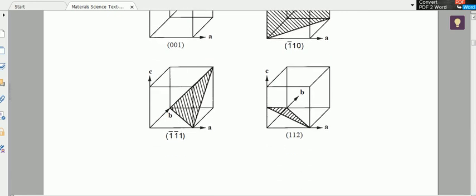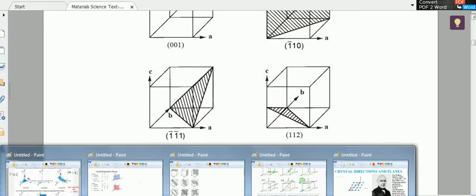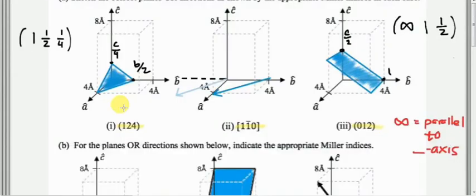Okay. We can go to some more directions. See, this is 1 2 4. How can we represent 1 2 4 in a crystallographic lattice representation? 1 2 4 is the Miller indices for a plane. We reached this plane by taking the reciprocal of the intercept.